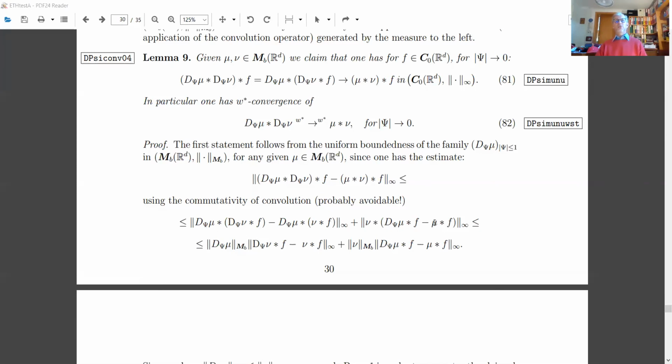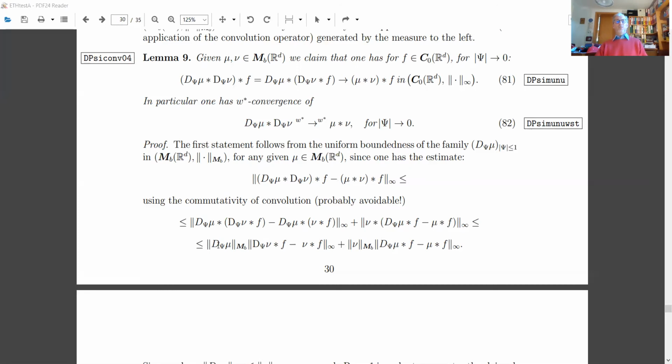If you add up those four terms, you see it's a telescopic sum, and it has exactly the sum that we have here, but we apply the triangle inequality. The sup norm of the sum of those two functions is at most the sum of the infinity norms of these functions.